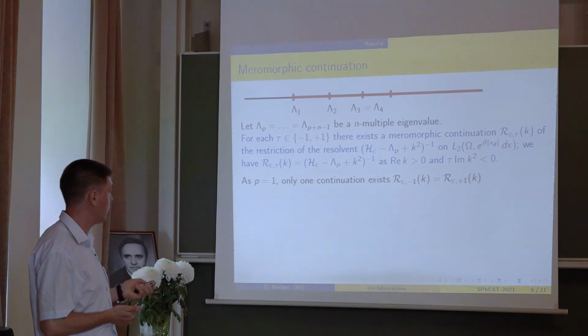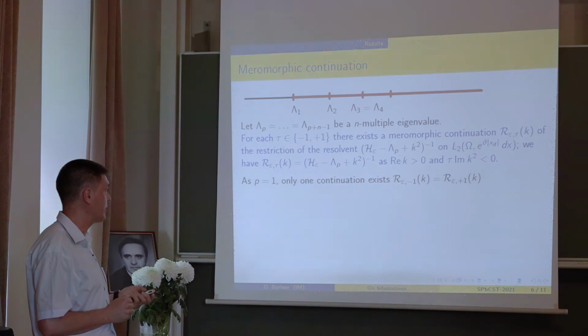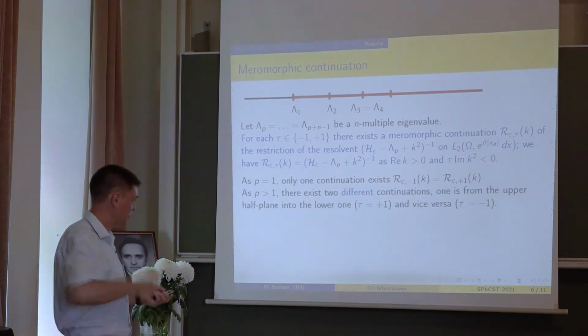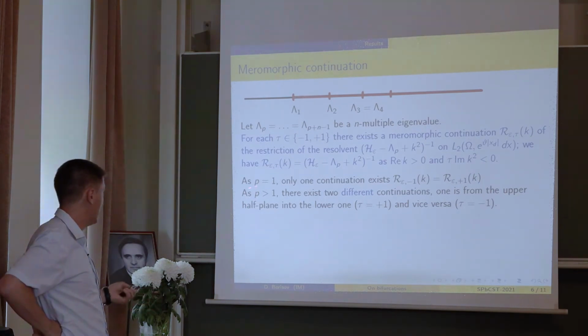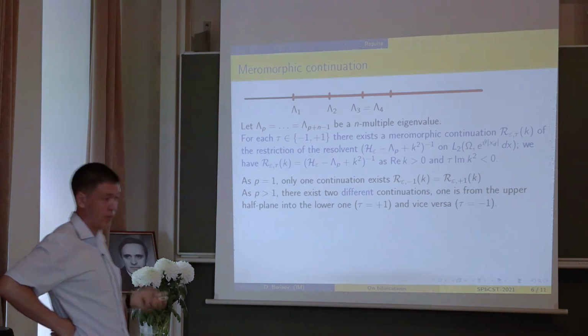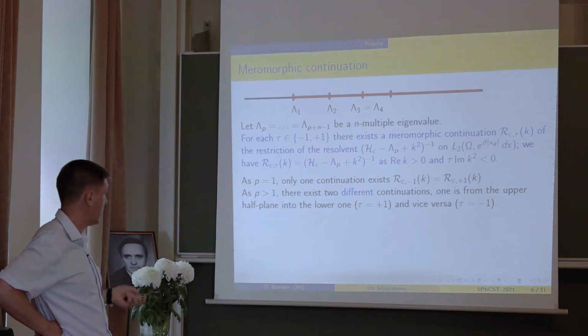But for the other thresholds, I have two different operators R_epsilon tau, and the difference between them is that one goes from the upper half plane into the lower one, while the second goes from the lower half plane into the upper one. For tau equal to plus 1, I go from the upper half plane into the lower one, and here I go in the opposite direction.